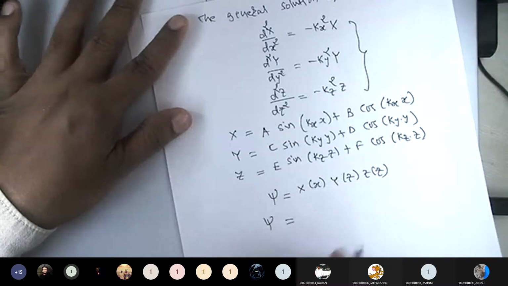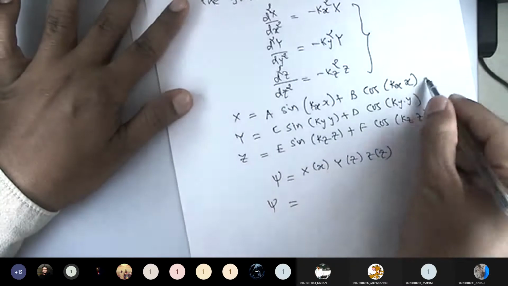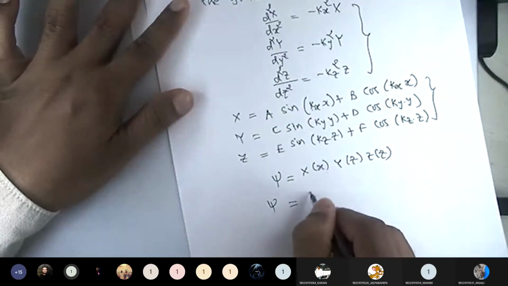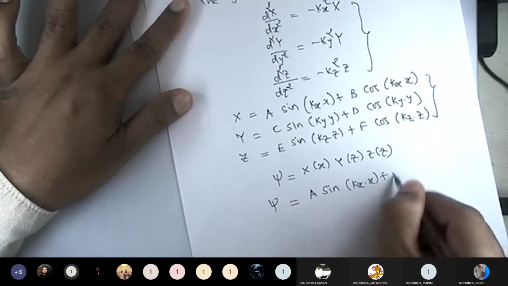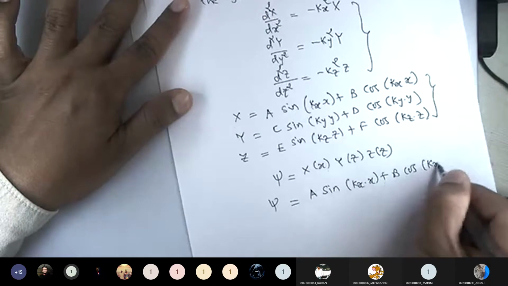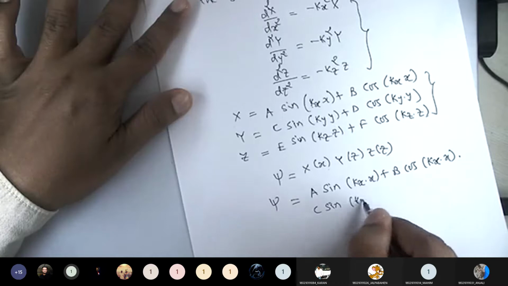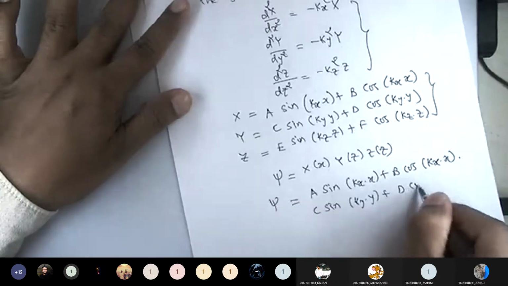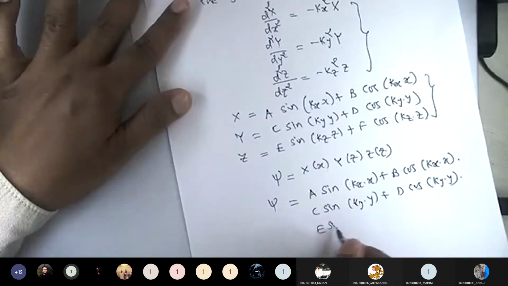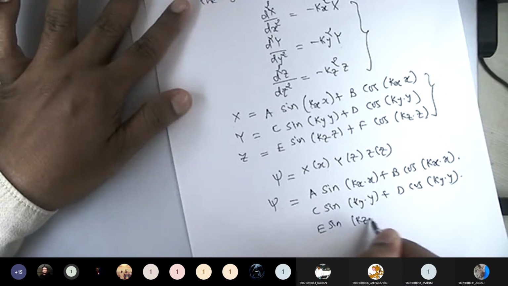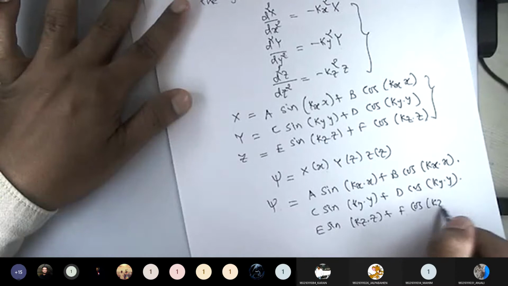So putting everything together, we get the final solution: a sine kx into x plus b cos kx into x, multiplied by c sine ky into y plus d cos ky into y, multiplied by e sine kz into z plus f cos kz into z.